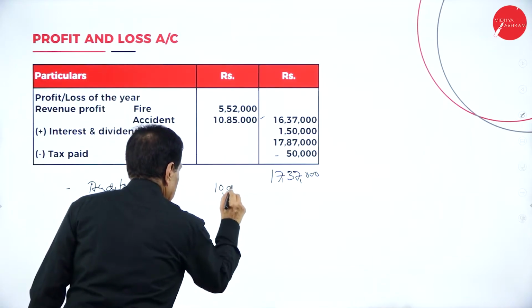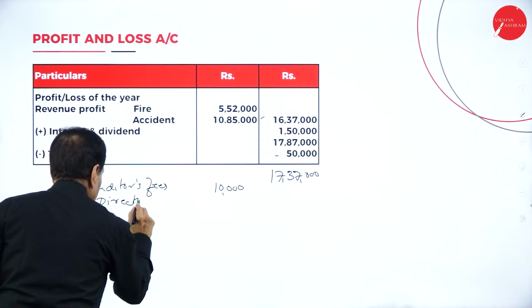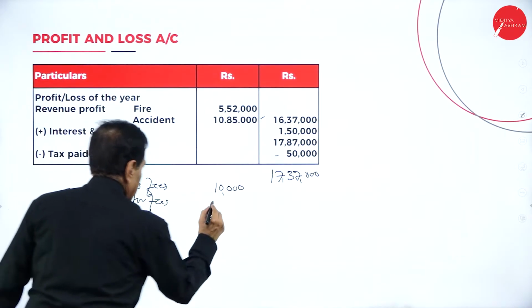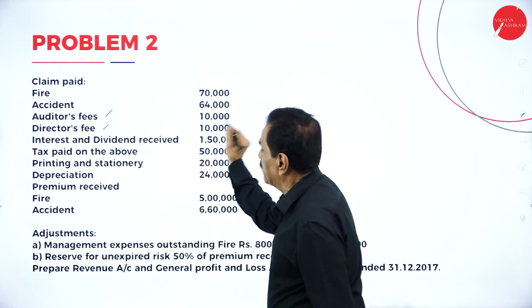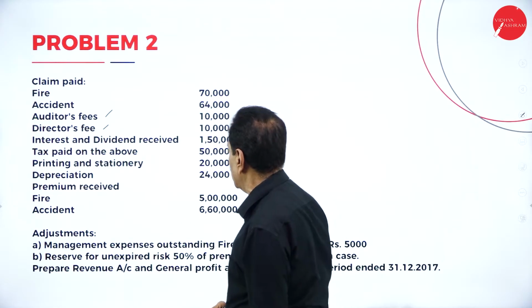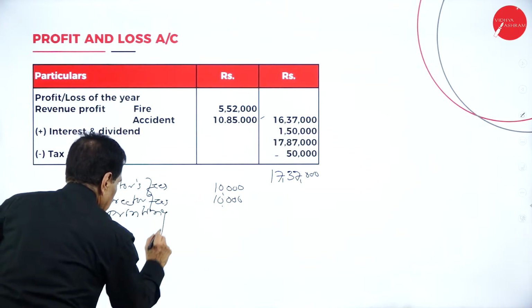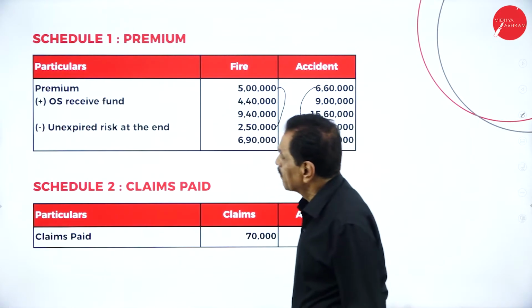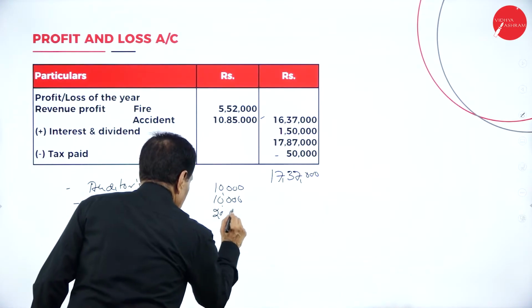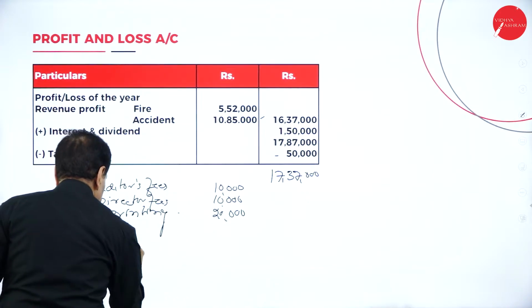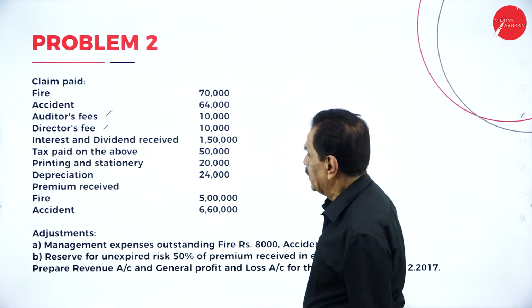Then printing and stationery 20,000, and depreciation 24,000.